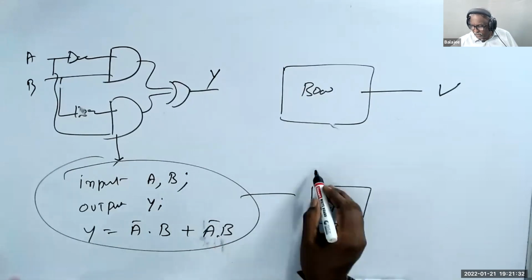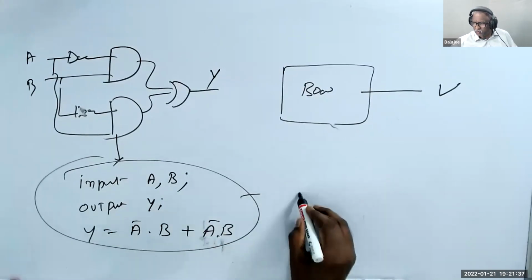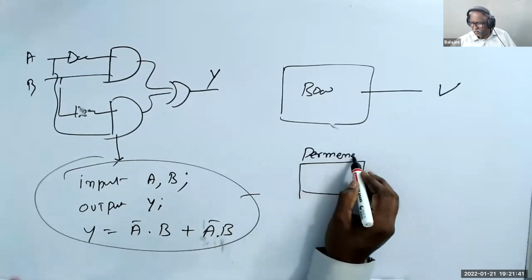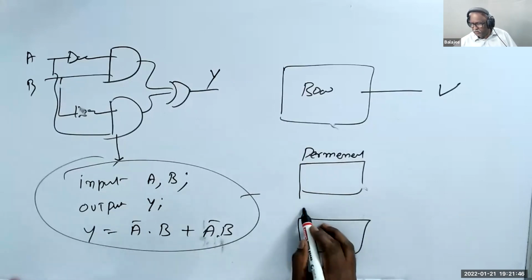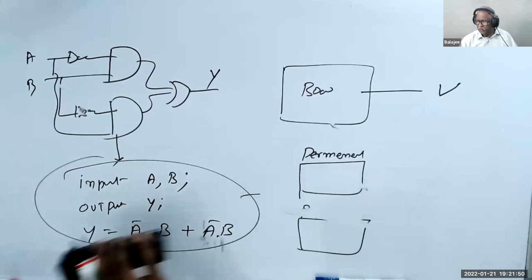And there are two types. One is called permanent. Other one is called programmable, or we call this as configurable.